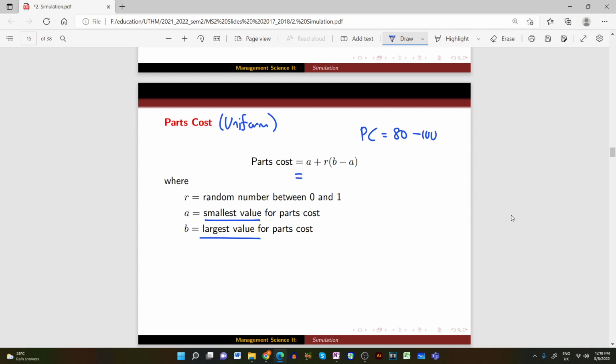So if I want to write here, the smallest value is 80, R is the random number between 0 and 1, and the largest number is 100. So the equation can be reduced to this: 80 plus 20R.